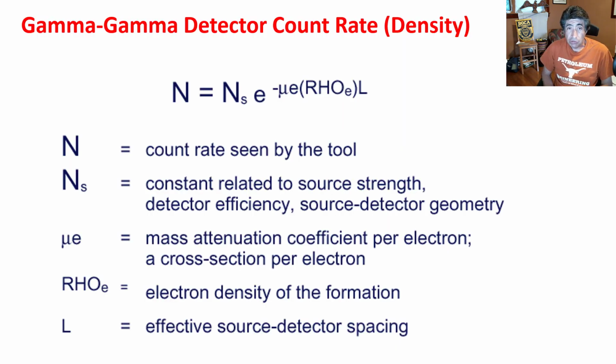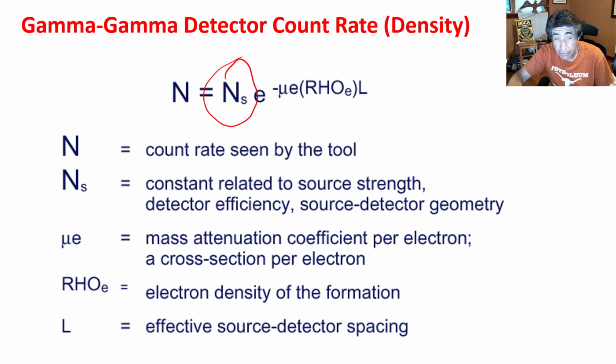And the count rates follow an exponential rule, which is that the initial count rate of gamma rays will decrease with distance traveled. And the rate of decrease, for Compton scattering, will depend on the electron density and also the mass attenuation coefficient.